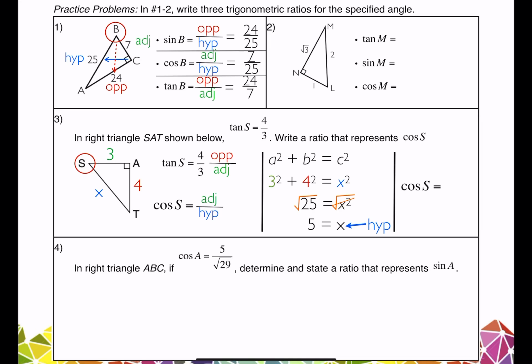Cosine of S, remember, is my adjacent side, which is 3, to my hypotenuse, which is 5. So cosine of S is 3 over 5. All right, so that's practice problem 3.